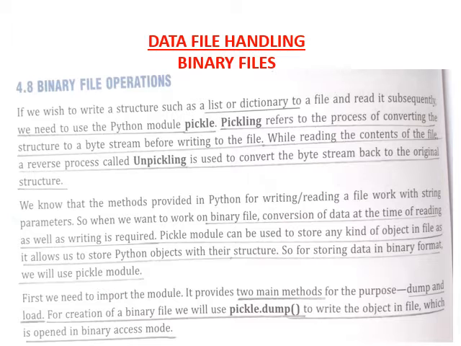While reading the contents of a file, a reverse process called unpickling is used to convert the byte stream back to the original structure. That means this is the method of writing data onto a binary file. First, the use of module pickle, and pickling is a process of converting the structure, be it a list or a dictionary, into its byte form or byte stream form, and when we want to read it back, the process is known as unpickling.